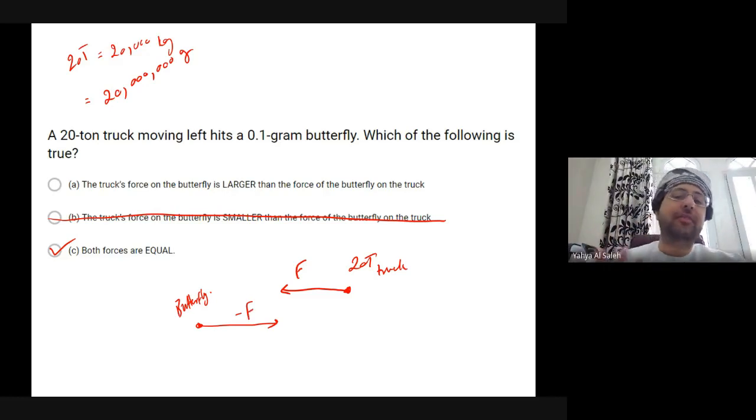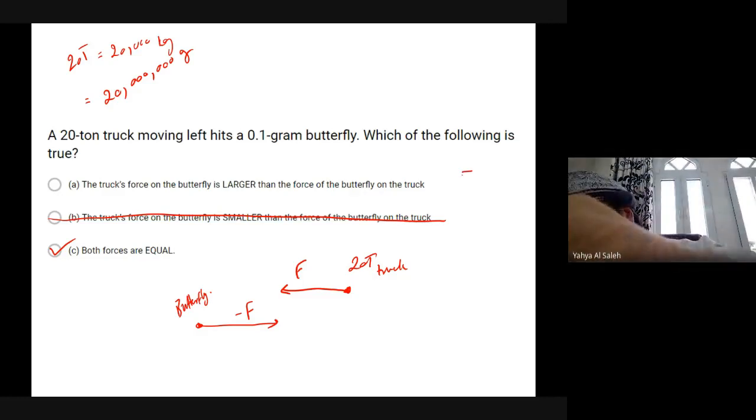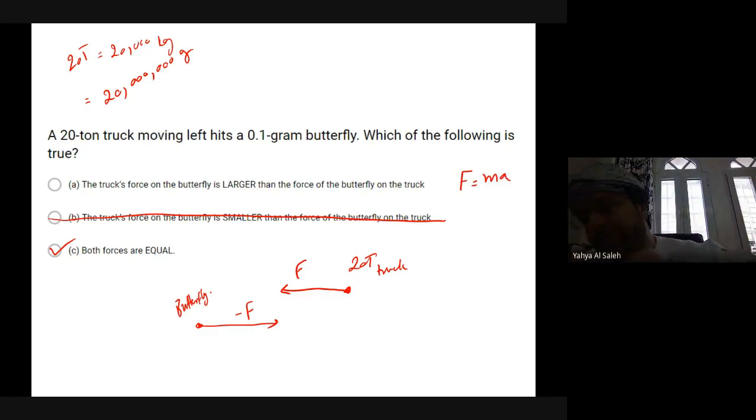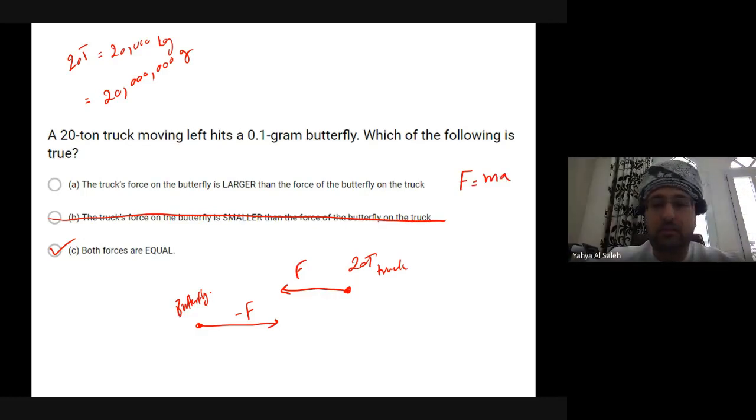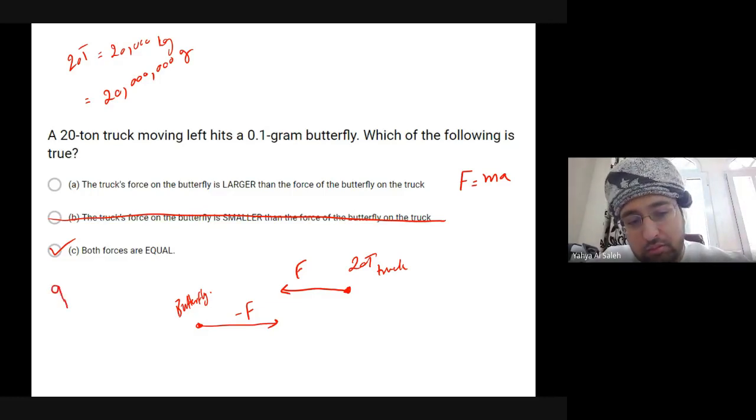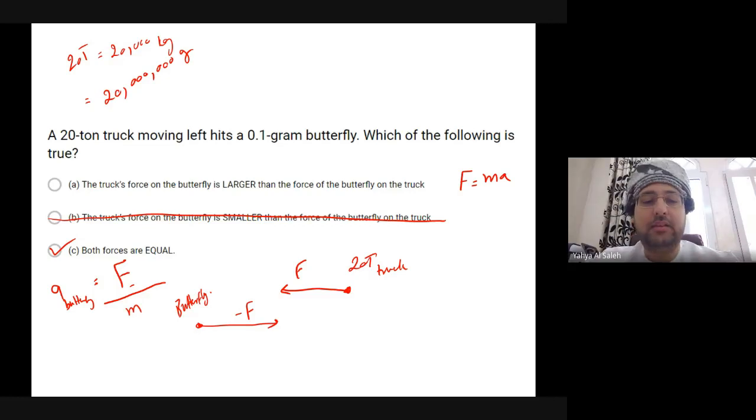Now, the result of these two forces are very, very different because remember, F equals ma. So the a of the butterfly is going to be a very big force divided by a very tiny mass, which will give me a very, very big acceleration, right?